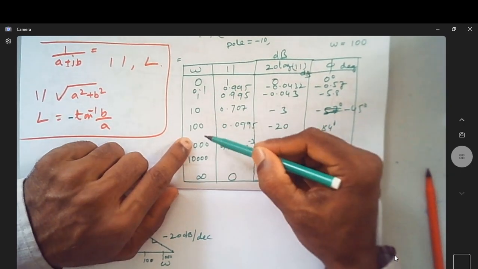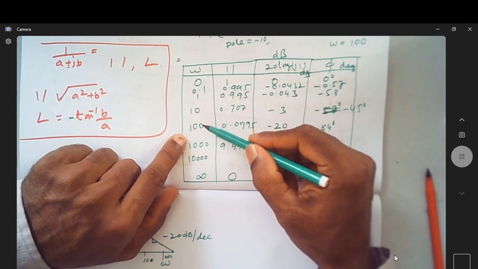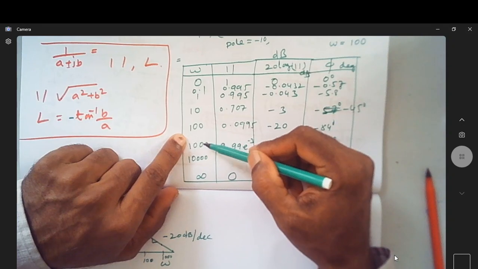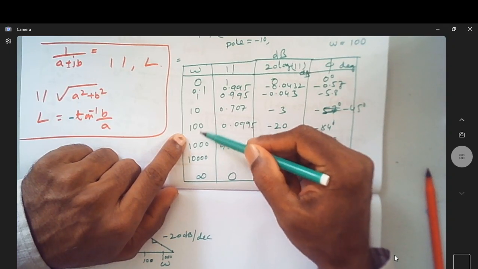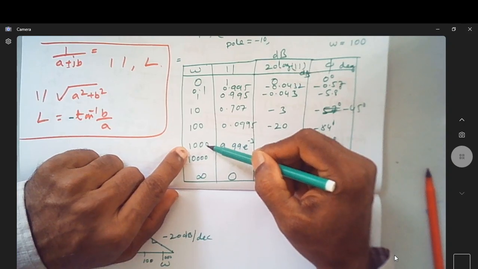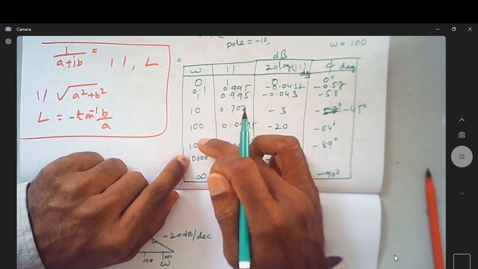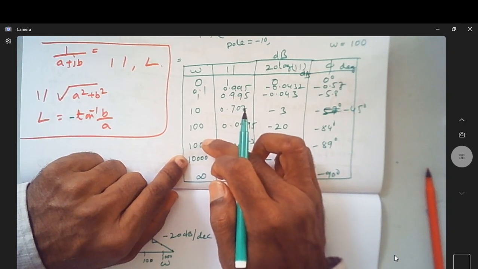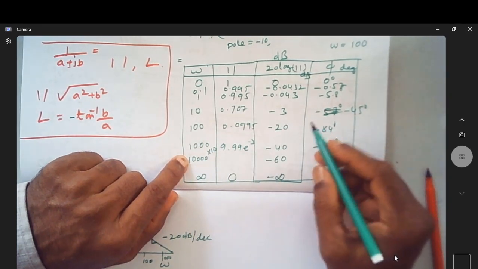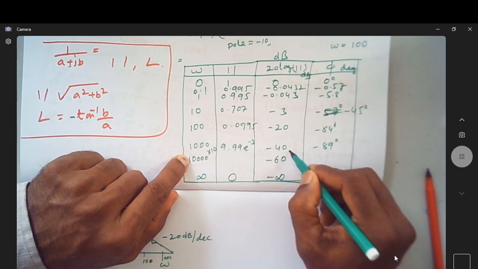Meaning, when the frequency changes by 10 times, can you see, is it going from 100 to 1000? By how many times has it changed? This has changed by 10 times. Can you see from 1000 to 10,000, it's again times 10. So it's a decade change. So when it increases by 10 times, the magnitude is increasing in the negative direction by 20 dB.